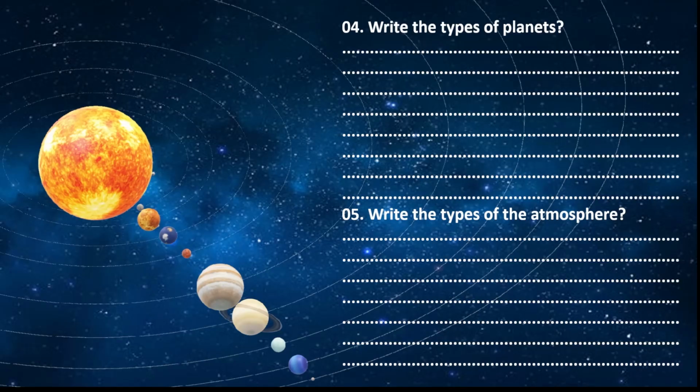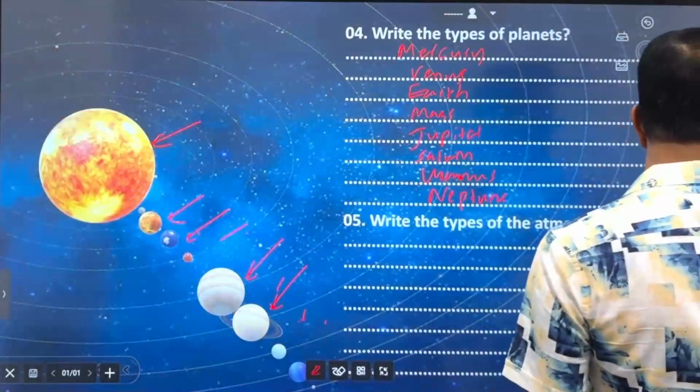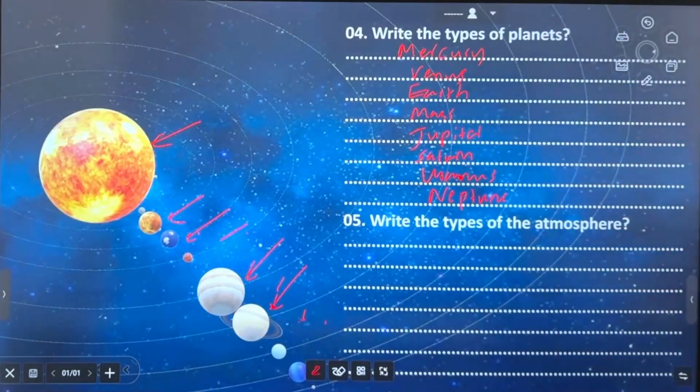Mercury, Venus, Earth, Mars, Jupiter, Saturn, Uranus, and Neptune. Right. The types of planets. That means the major planets: Mercury, Venus, Earth, Mars, Jupiter, Saturn, Uranus, Neptune. What is this? You can explain.